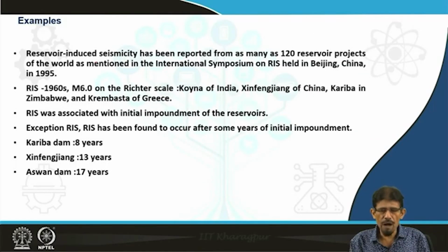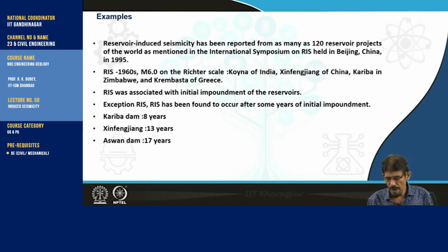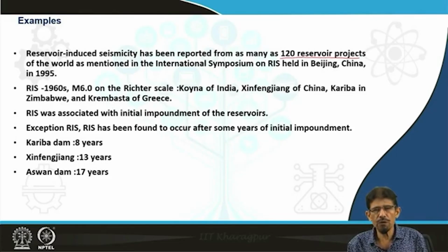We have a number of examples of reservoir induced seismicity, and reservoir induced seismicity has been reported from as many as 20 reservoir projects in previous data, but now we have data about 187 reservoir projects of the world which have shown the RIS throughout the world of magnitude more than 4.